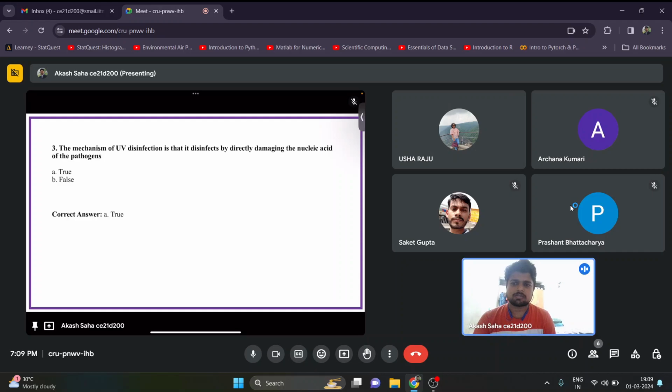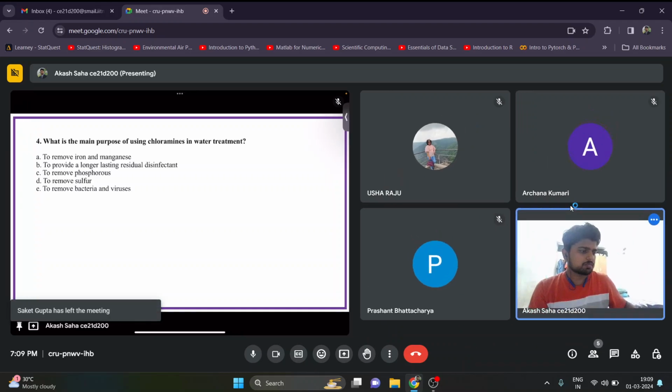More and more research has been done, and it has been found that some radicals are also formed due to UV. In our domestic setting, we use UV radiation for ROs also, but these radicals are very short-lived. If you see the half-life of these radicals, they are very short. Anyway, we'll move to the next question.